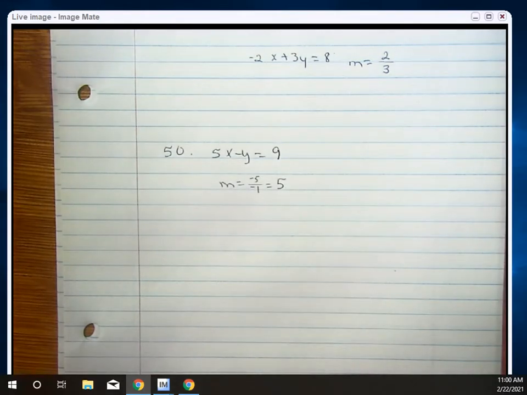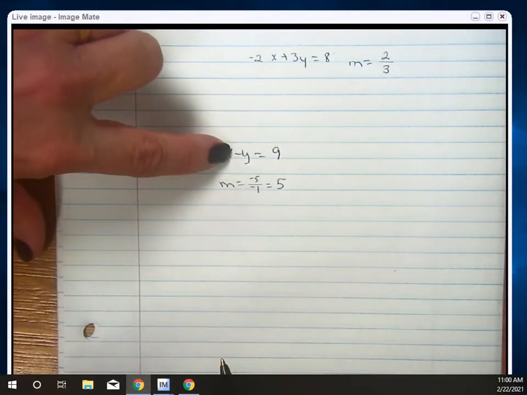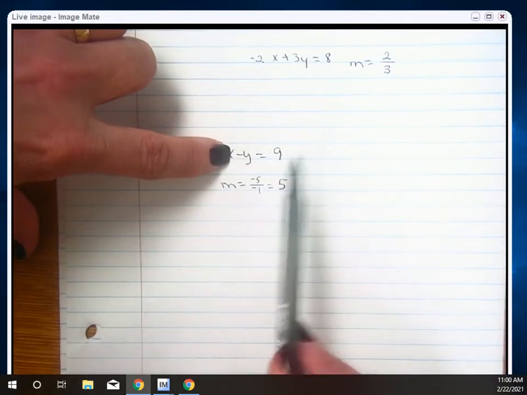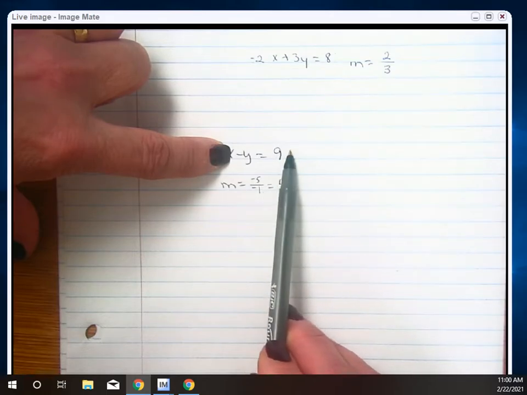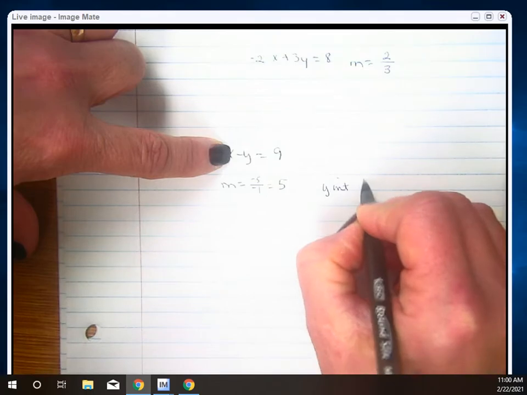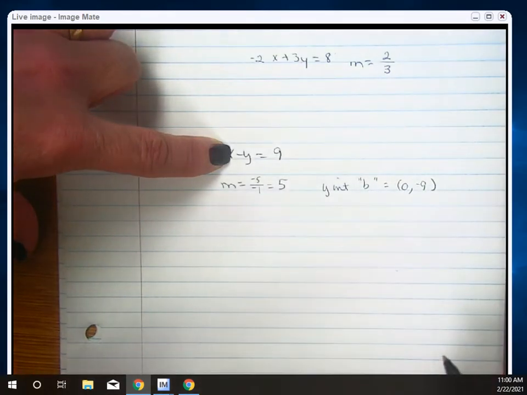The y-intercept is when the x is 0, correct? I could substitute the 0 in for the x. y equals a negative 9. Correct? The y-intercept, or b value, is the point 0, negative 9. You don't have to solve it for y to put it in slope-intercept form to get the slope or the y-intercept.